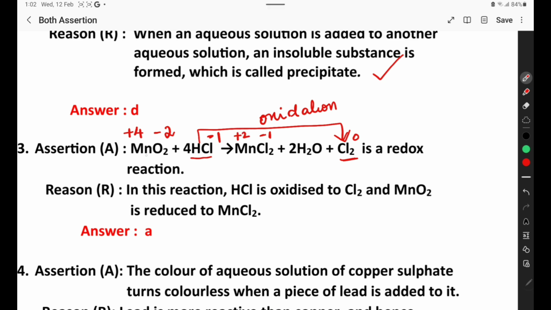Here we can see the manganese, its oxidation state changed from 4 to 2. So MnO2 undergoes reduction and HCl undergo oxidation. So it is a redox reaction. The statement is right statement. In this reaction, HCl is oxidized to chlorine and MnO2 is reduced to MnCl2. Both are correct. So assertion and reason both are correct, and reason is the correct explanation of assertion.